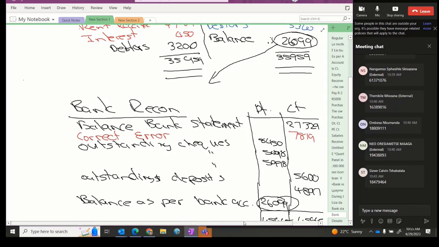Okay. There was another example that I prepared, but when we do the exam preparations, then I'll quickly show you one on that. Because I see we're running out of time. Do you more or less understand how to do a bank recon? It's actually not that difficult.